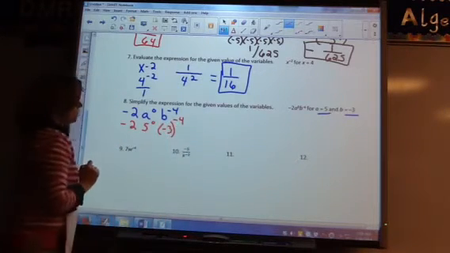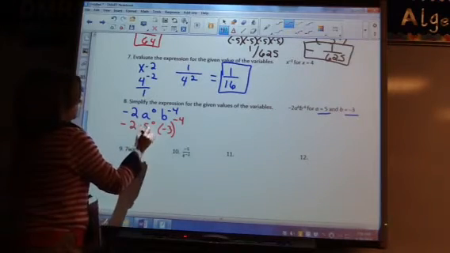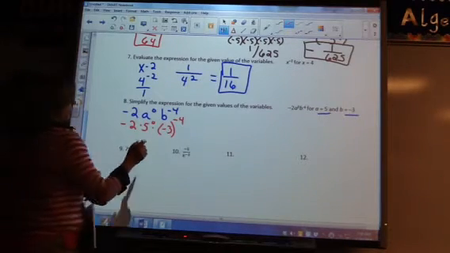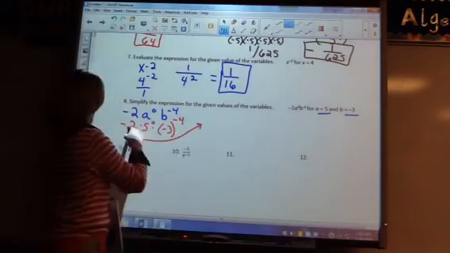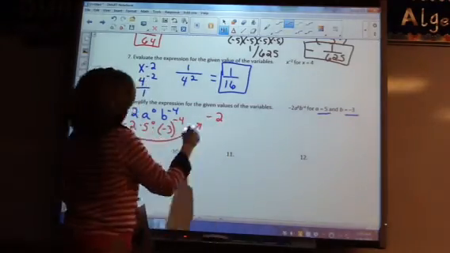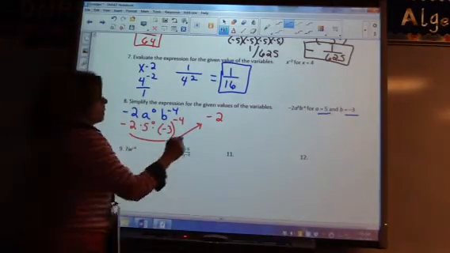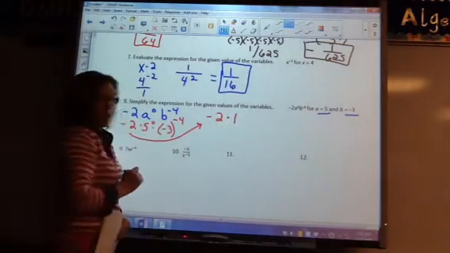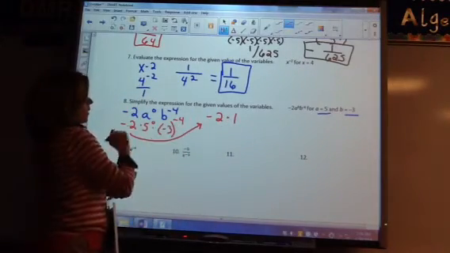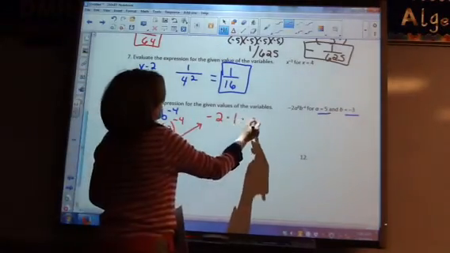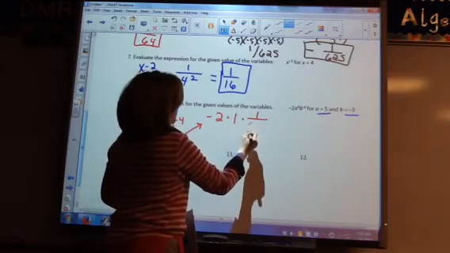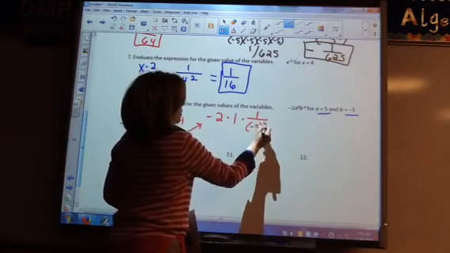All right, so I'm going to move it over here. We have negative 2. What is 5 to the 0 power? 1. What is negative 3 to the negative 4th power? 1 over negative 3 to the 4th power.